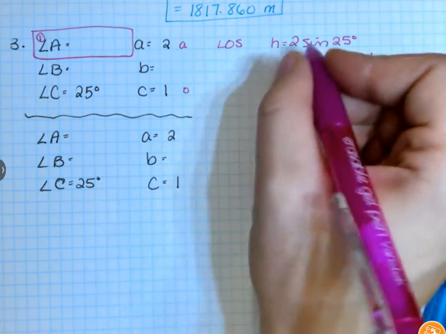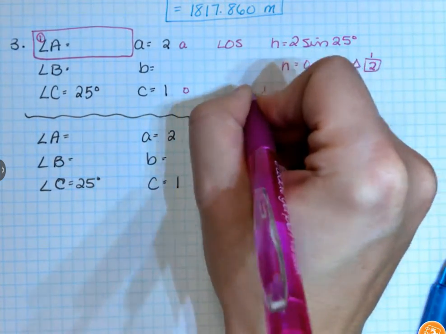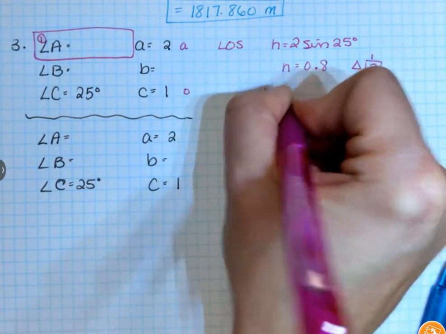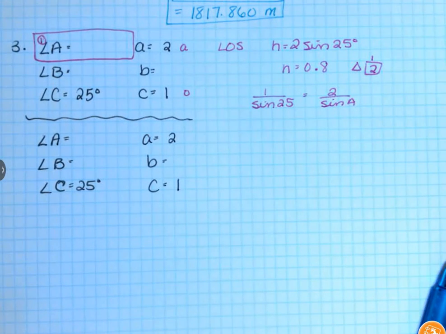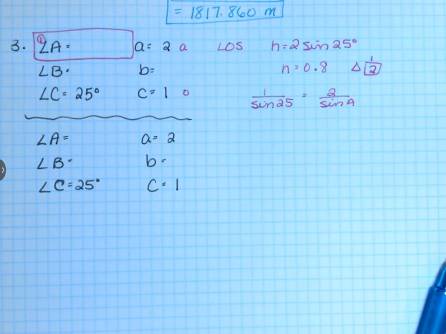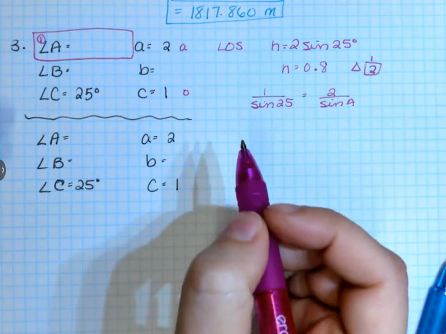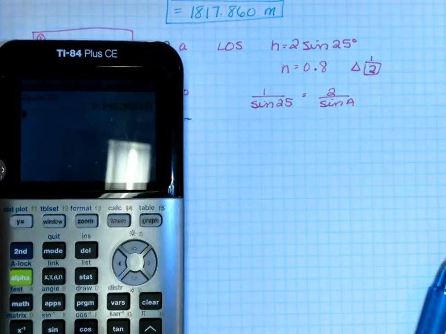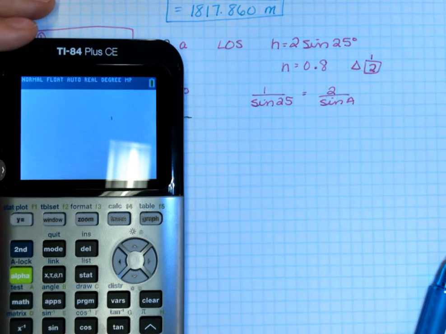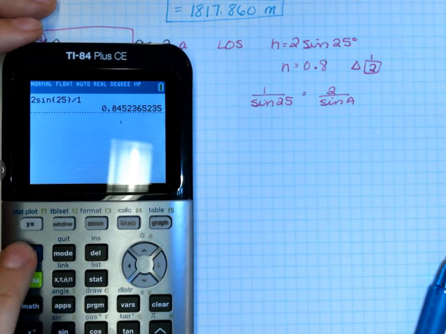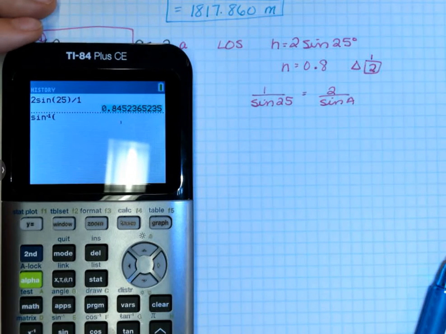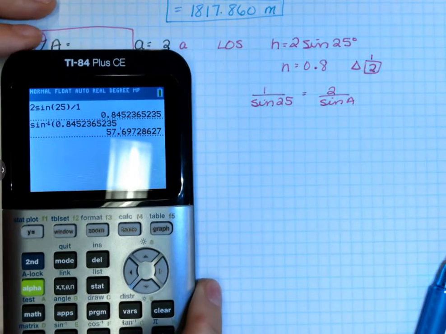I'm going to do 1 over the sine of 25 is 2 over the sine of A. All right, so when I go to solve this, I am going to have 2 times the sine of 25 divided by 1, which you really don't need to put, but I'm going to put it there anyway. And then I'm going to do inverse sine of that. Boom.